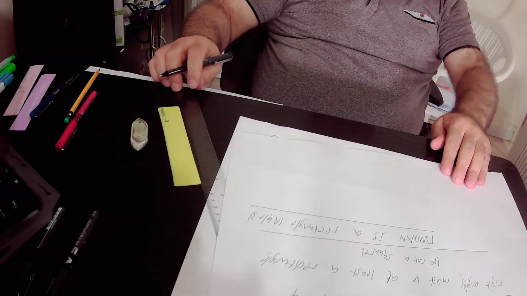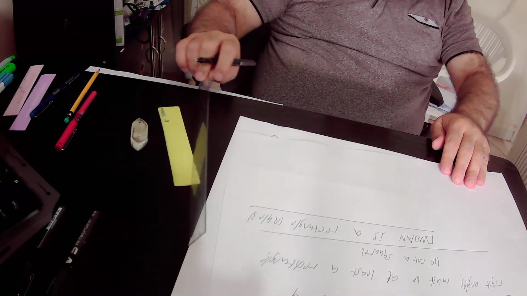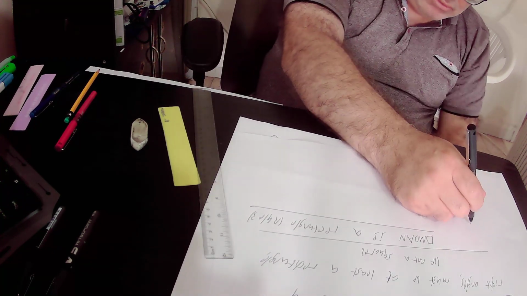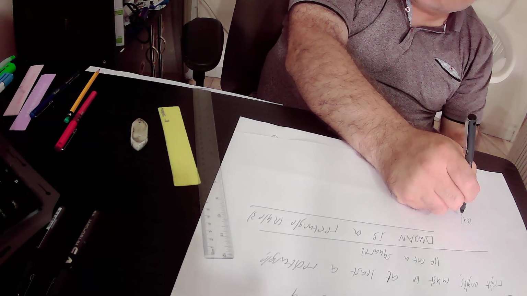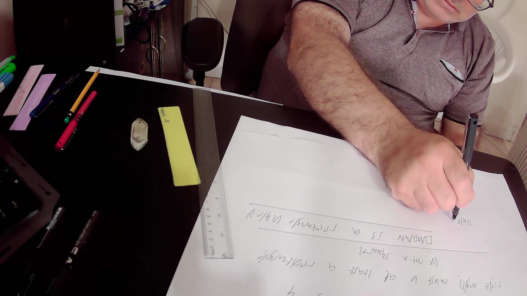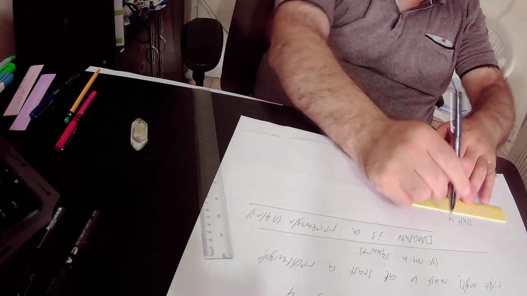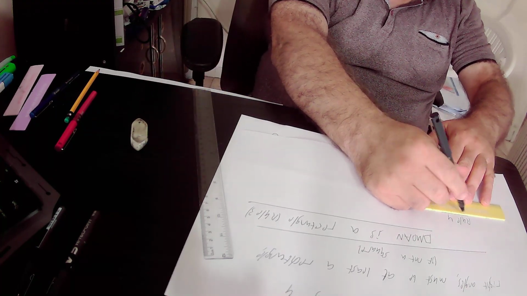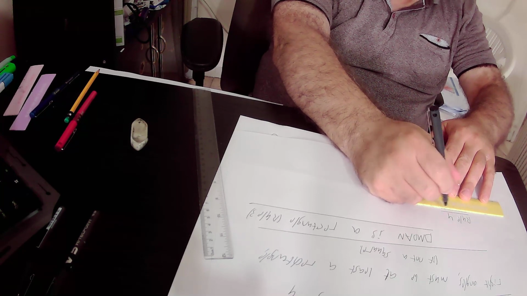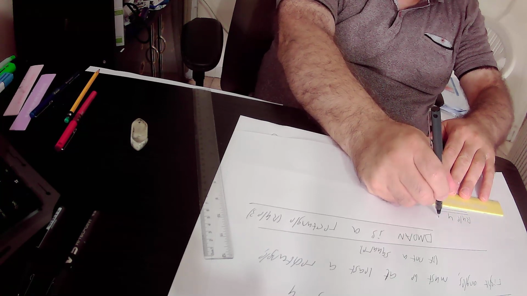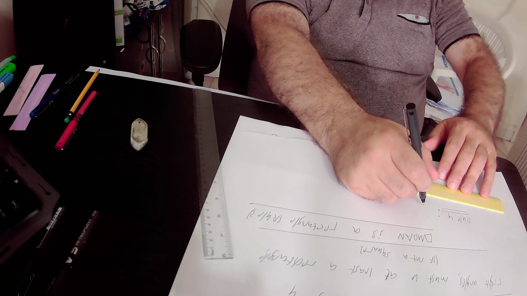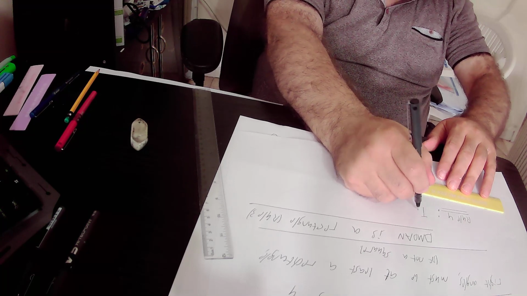Then we have also rule number 4. According to rule number 4, the opposite sides of a rectangle are equal to each other.